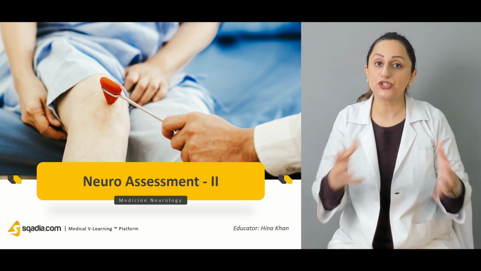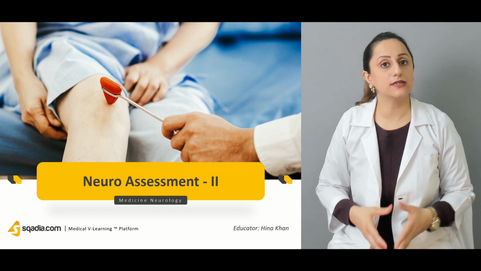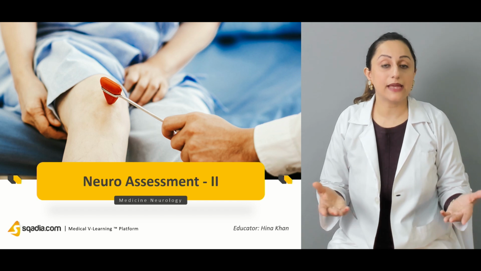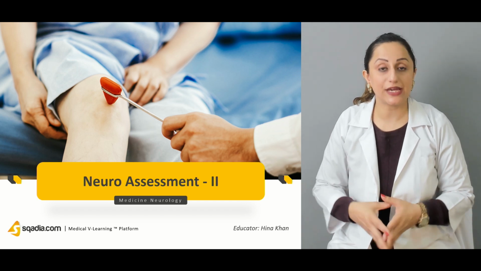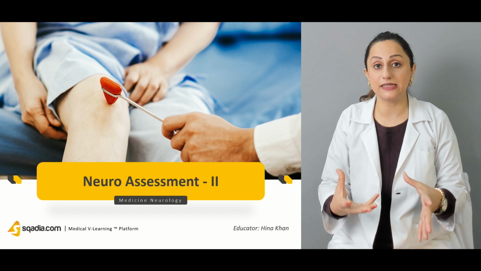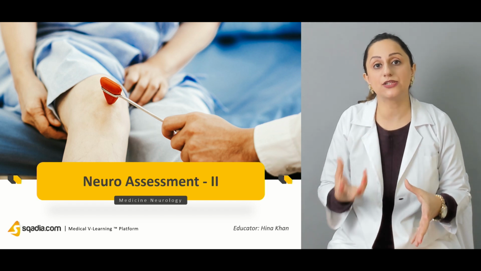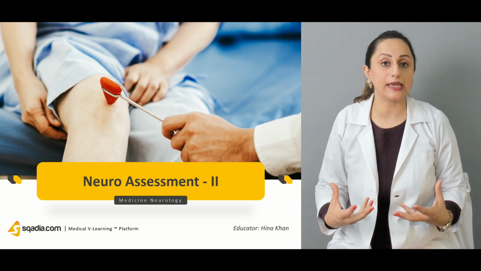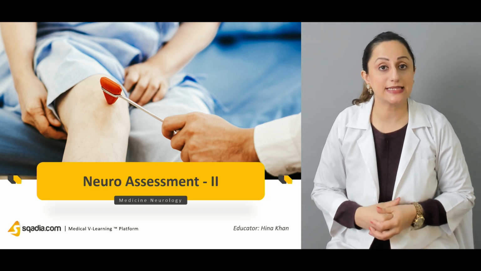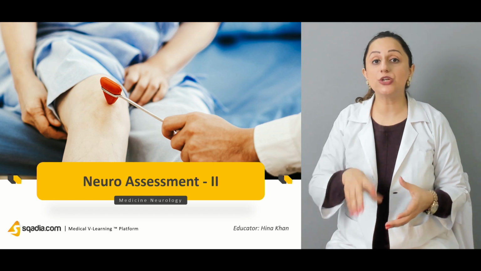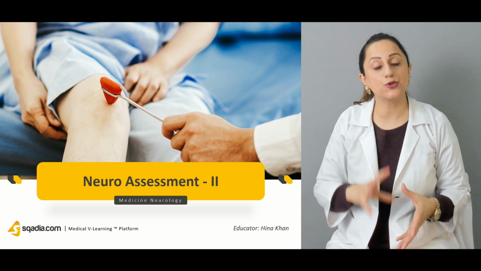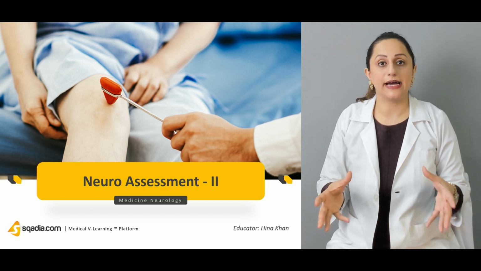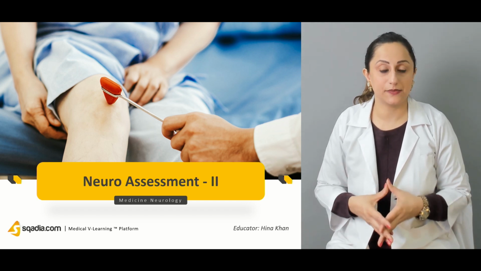You have a differential diagnosis: either this person is suffering from Meniere's disease or it could be an acoustic neuroma. Whatever the case, it is affecting the eighth cranial nerve, which is responsible for hearing and balance. You would take the history in detail, and that is going to shed light on which one of these diagnoses is correct in this particular patient.